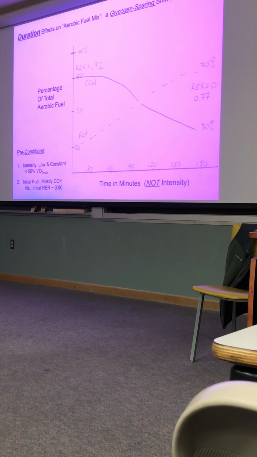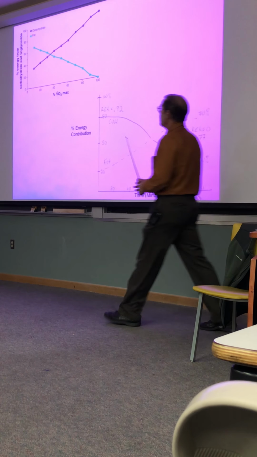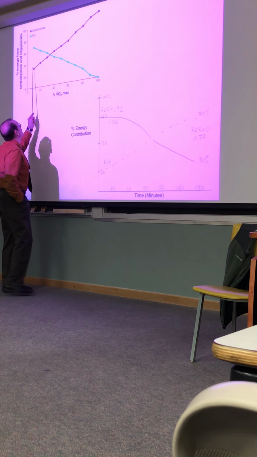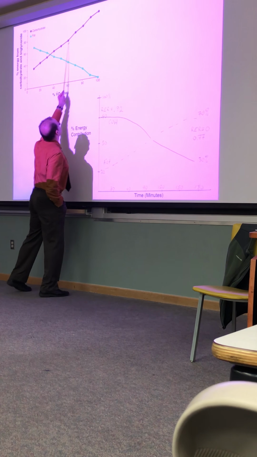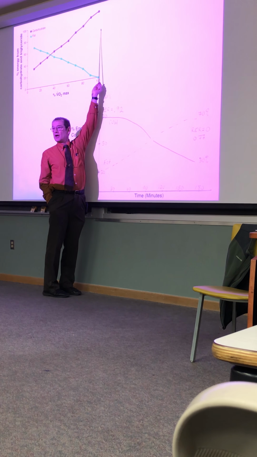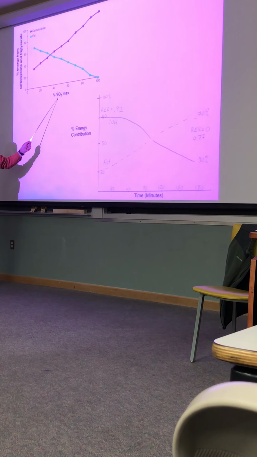So this is a little item compared to the other graph. A lot of people go crazy at this point because they say, wait a minute, you just showed us a graph that said that fat use goes down, and there's a crossover point, and carbohydrate use goes up. What's the difference between these two graphs? The x-axis.